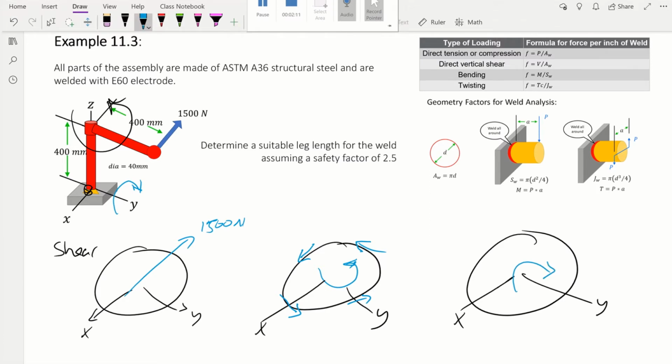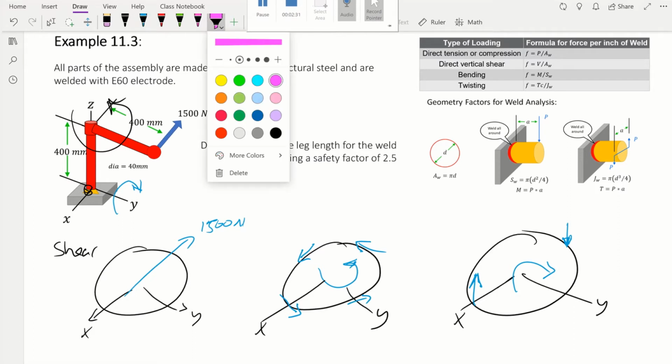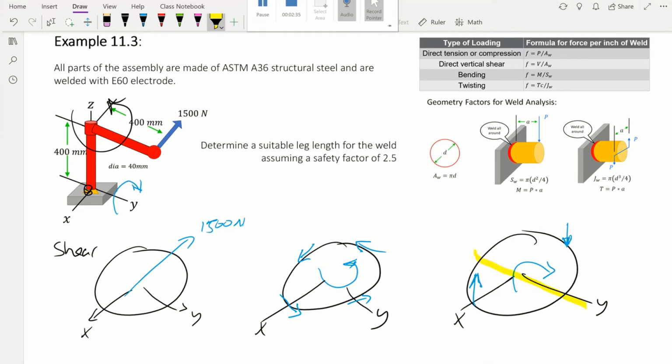Depending on which point we're looking at, it's going to be subject to different stresses. The ones here at the front are going to try to tear this one up like this. At the bottom, there's going to be some compression. And this is a bending moment, so anywhere along the neutral axis, this one over here, there's going to be no stress.